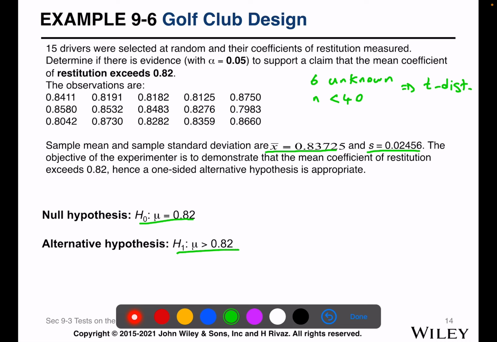Okay. So basically all we have to compute is the test statistic, which is X bar minus mu, which is 0.82, divided by S divided by square root of n. What is n? For n we have to count.